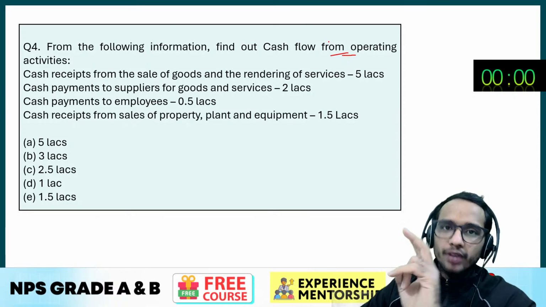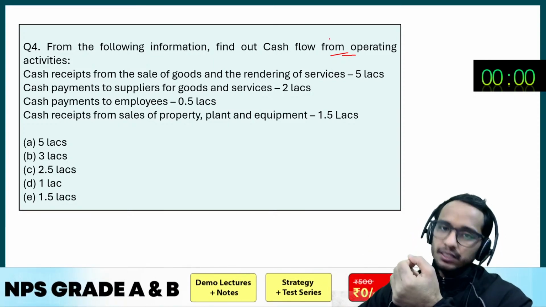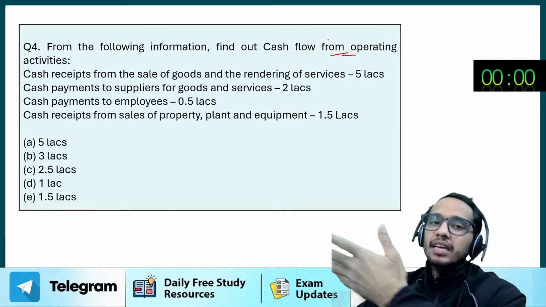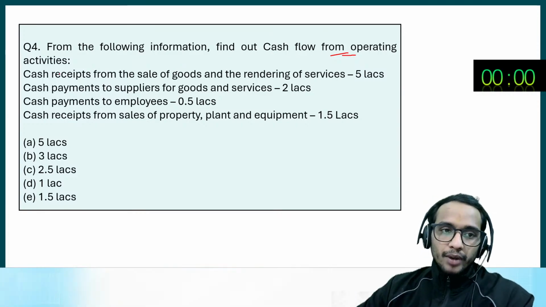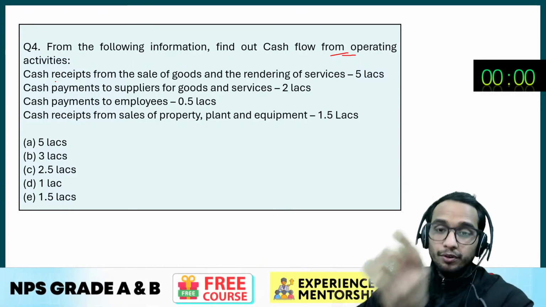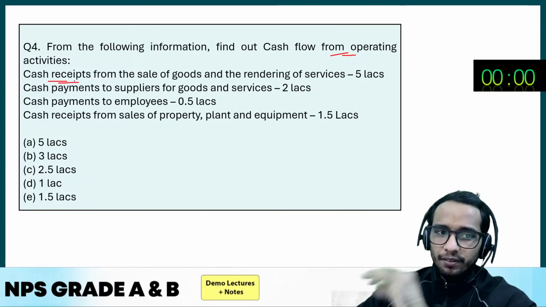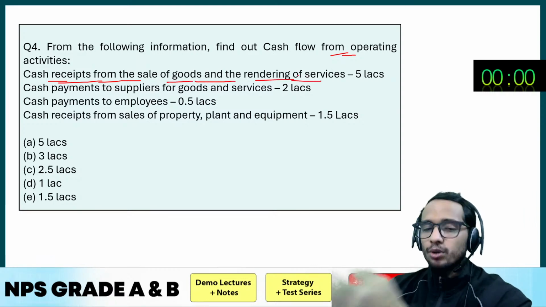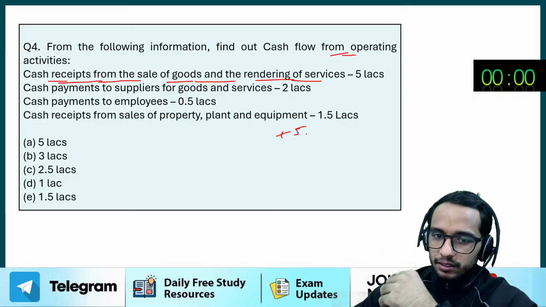So in the cash flow, we have got two concepts, inflows and outflows. Whenever you get cash, that is your inflow. Whenever you have to give cash, that is your outflow. Okay? So these are the sub activities in the operating activities. Cash receipts from the sale of goods. So obviously you are selling goods or rendering of services, so it is your inflow. So plus 5 lakh, right?